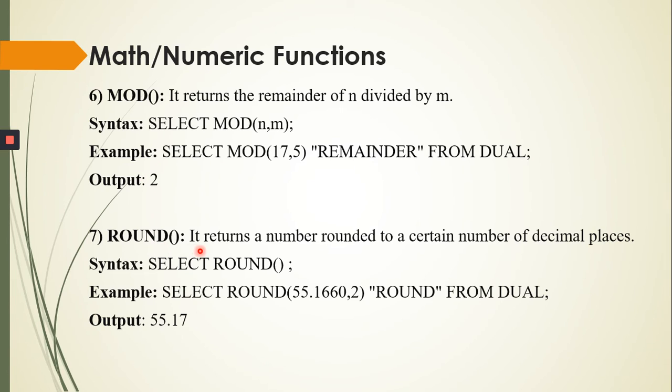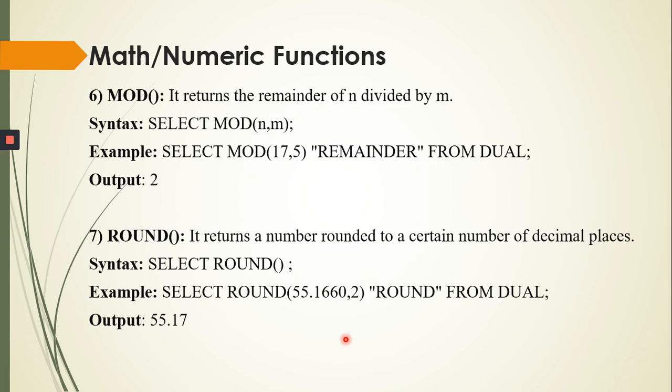Next is round. It returns a number rounded to a certain number of decimal places. Select round is our function. For example, select round in brackets with the value 55.1660, and after the comma we give how many decimal places we want, so we give 2. It considers 55.16, and after 16 we have a 6, so it will return 55.17.